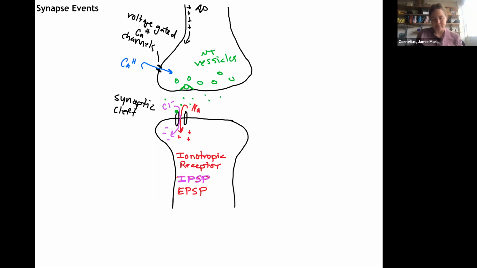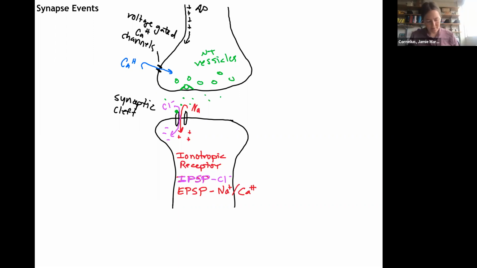Okay, so there's going to be two different receptors. I happen to write them in the same one, which is a little confusing. But essentially, if you have an ionotropic receptor that is a chloride channel, then you're going to have an inhibitory postsynaptic potential. If you have an ionotropic receptor that is a sodium channel, then you're going to have an excitatory postsynaptic potential. And that's the same if calcium is allowed to come in.